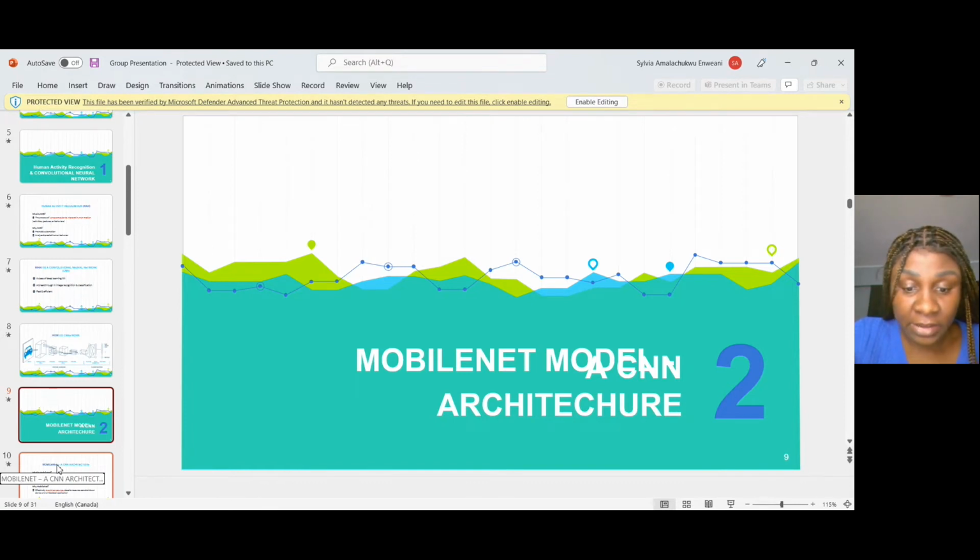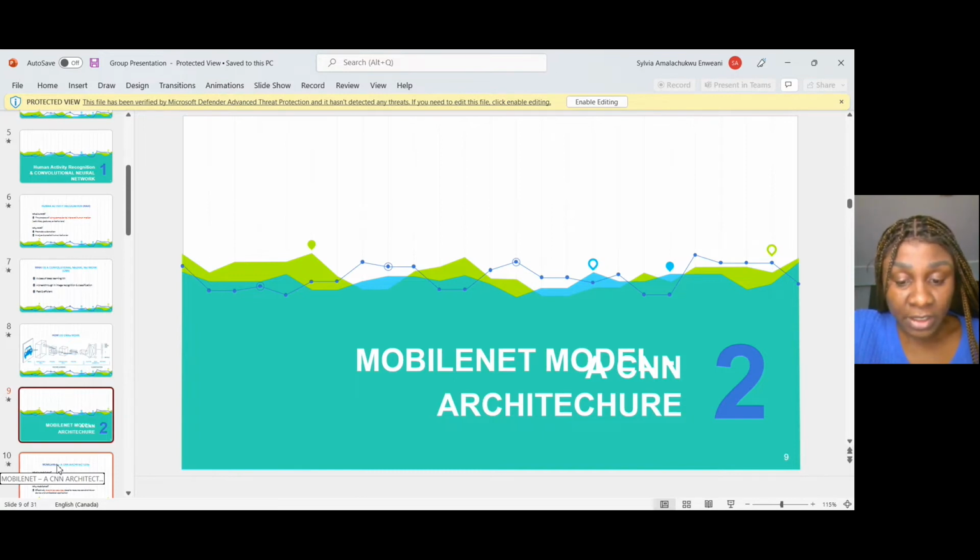MobileNet is a CNN architecture that is a much faster, as well as smaller, model that makes use of a kind of convolutional layer known as depth-wise separable convolution. Because of the small size of this model, these models are considered very useful to be implemented on mobile and embedded devices, hence the name MobileNet.